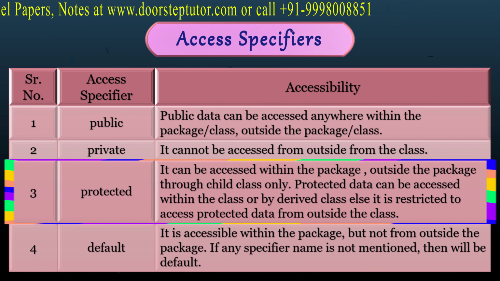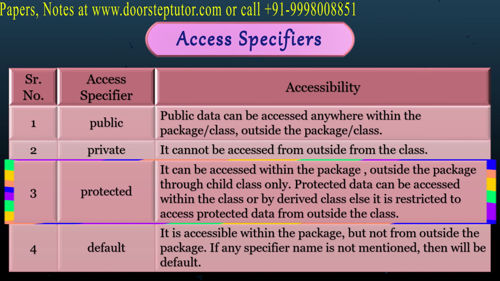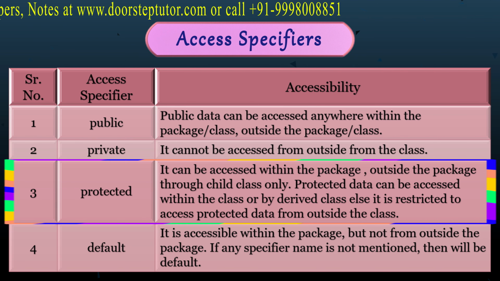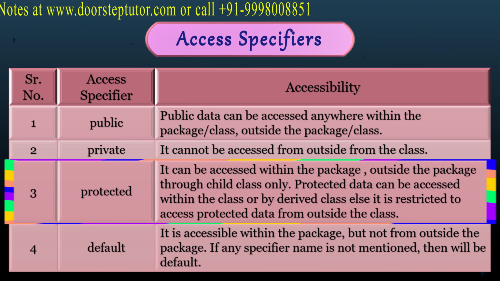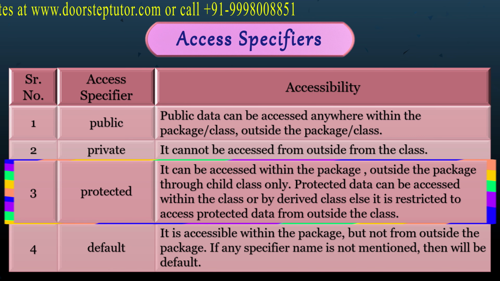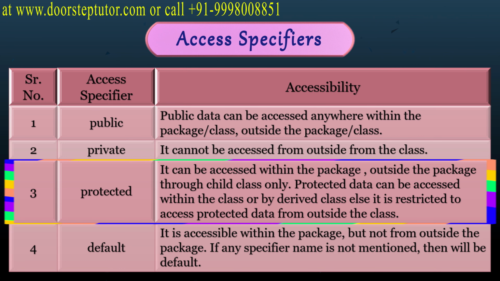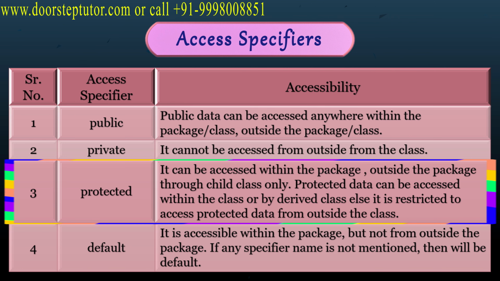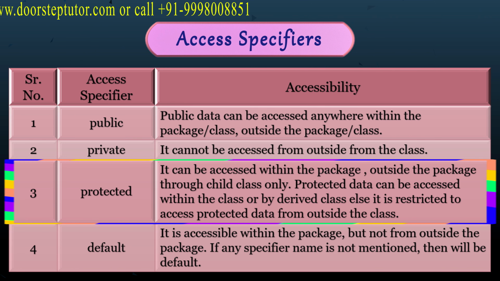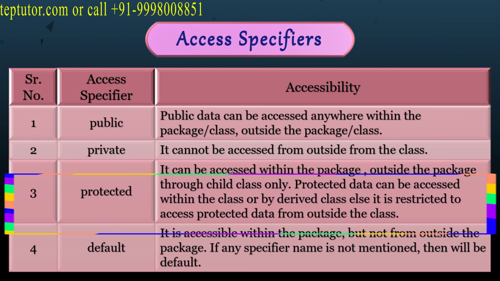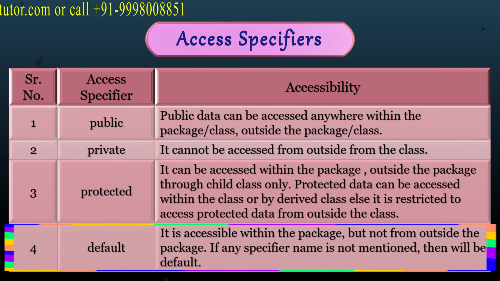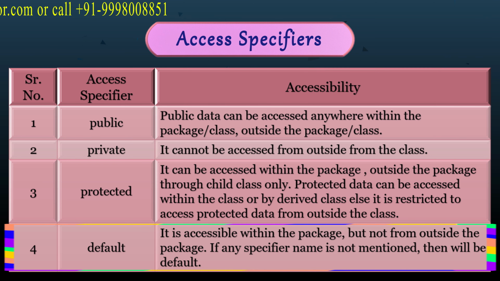Protected means that some specified classes can use those variables, functions or anything, and others cannot. It can be accessed within the package, and outside the package through the child class only, not others. So the protected data can be accessed within the class or by the derived class. Next we are having default. Default means that it can be accessible within the package but not from outside the package. That is default.